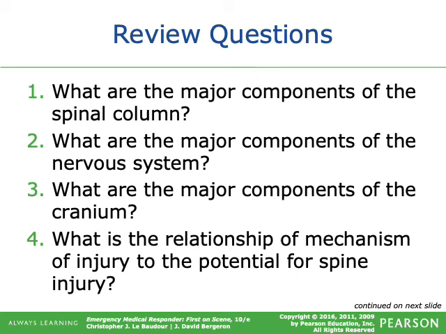What are the major components of the cranium? Refer to your book for all the major bones. What is the relationship of mechanism of injury to the potential for spine injury? If the mechanism suggests that there is a potential for spine injury, always treat the patient as such.